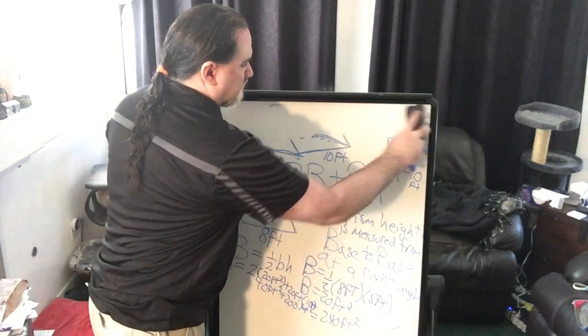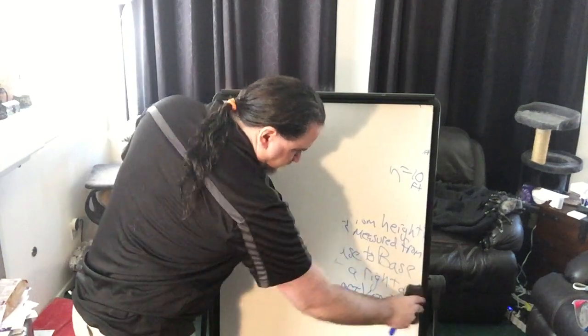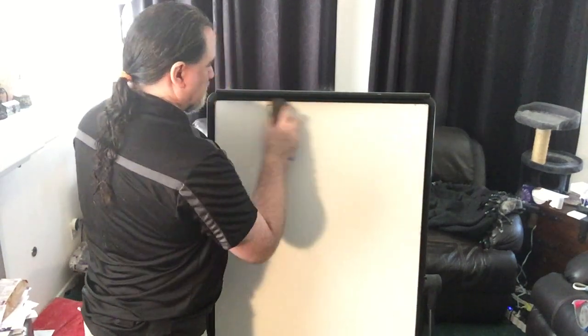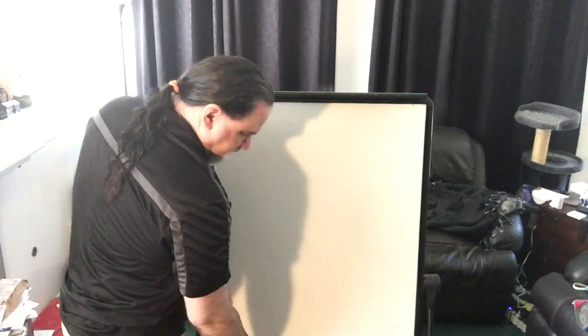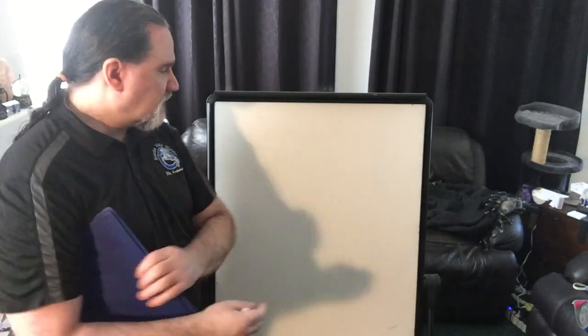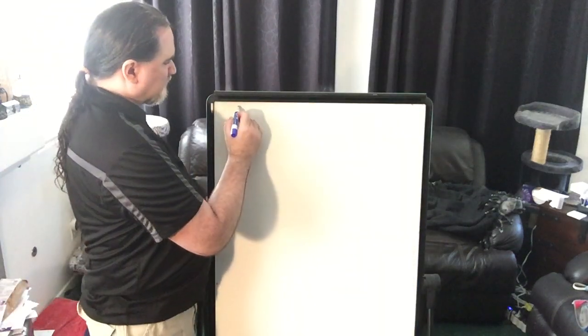Now, I'm going to show you one more prism, and then the next lesson, the next video will be all about cylinders. Okay? And that is, again, not the greatest artist, so I'm going to have to do what I can do.